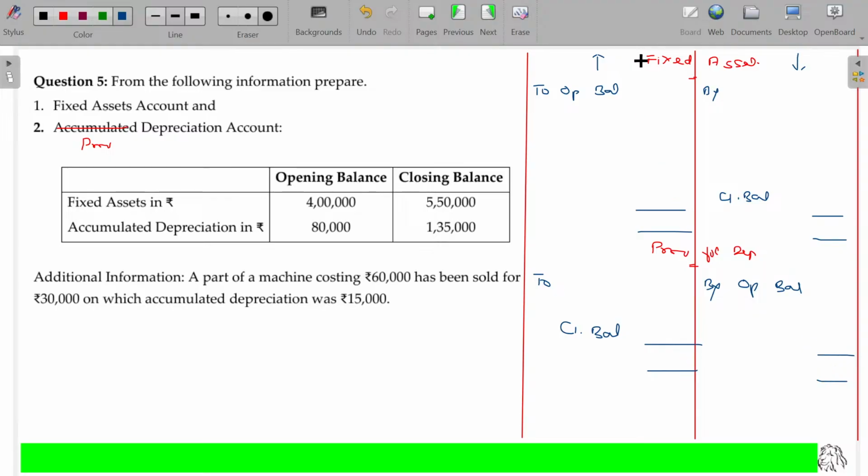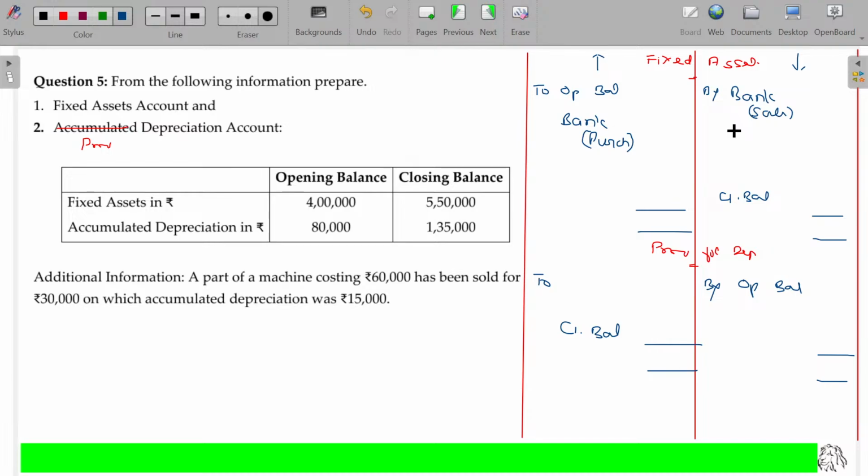What are the transactions that raise fixed assets? The purchases. What are the transactions that reduce this? Sale. On sale, you get the money, bank account, and the accumulated depreciation on this asset from the date of purchase to the date of sale should be transferred from here to here.